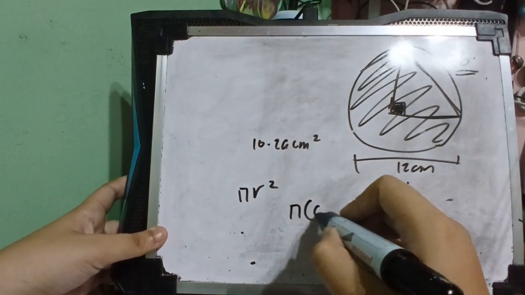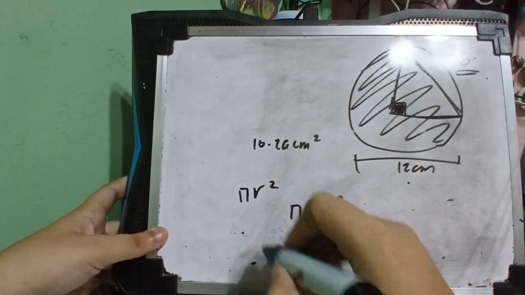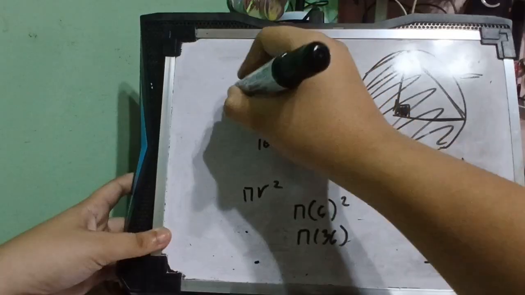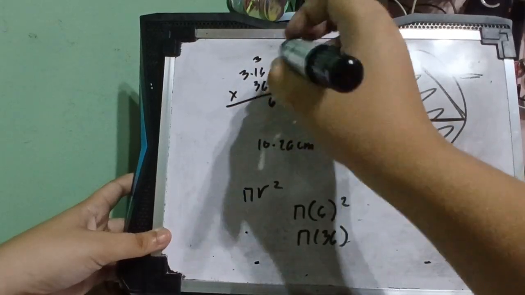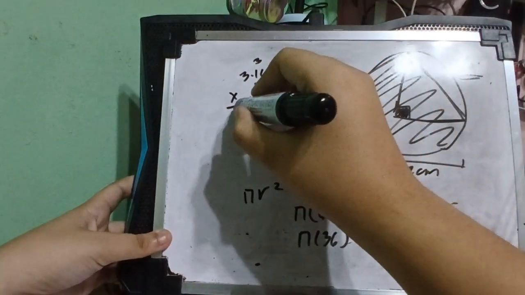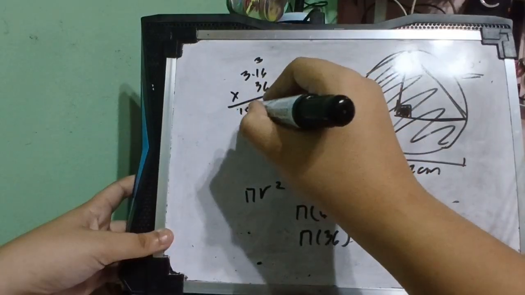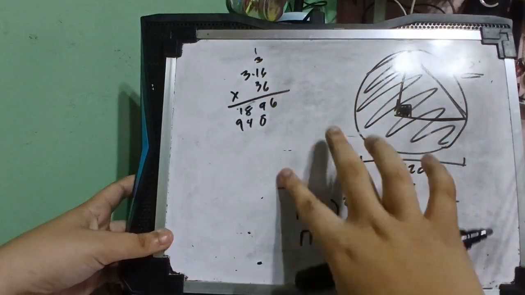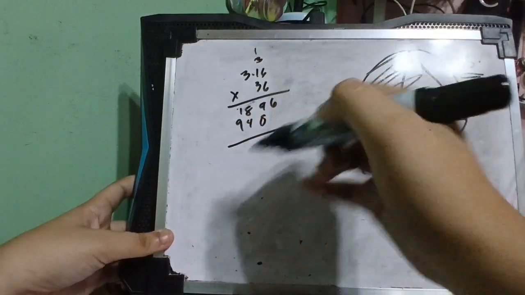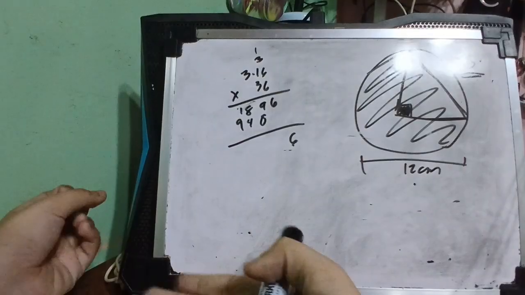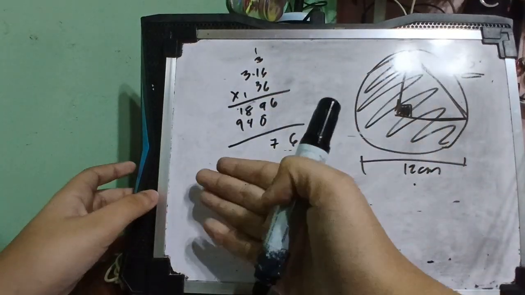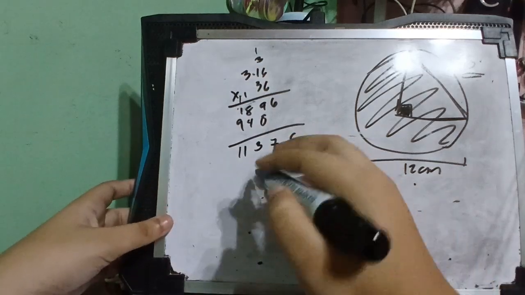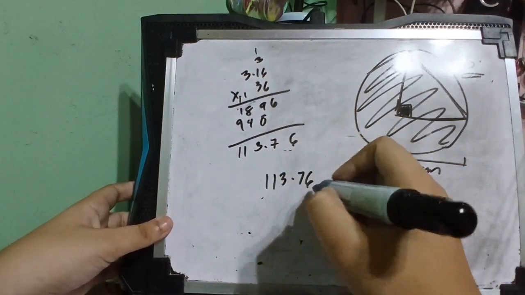So pi times 6 squared, which is pi times 36. So 3.14 times 36 is 113.04 cm squared.